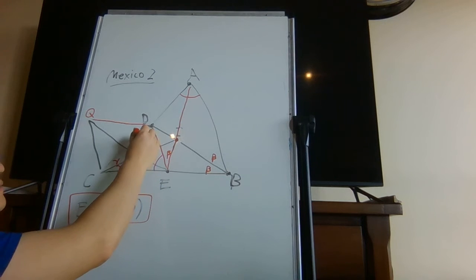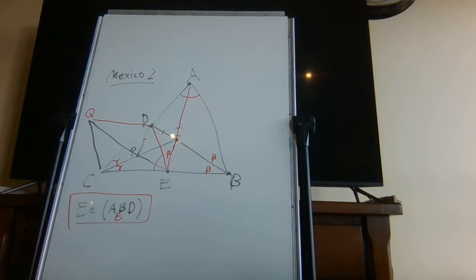Oh, so these are isosceles. DPC is similar to the triangle. Okay, wait. What do we do?